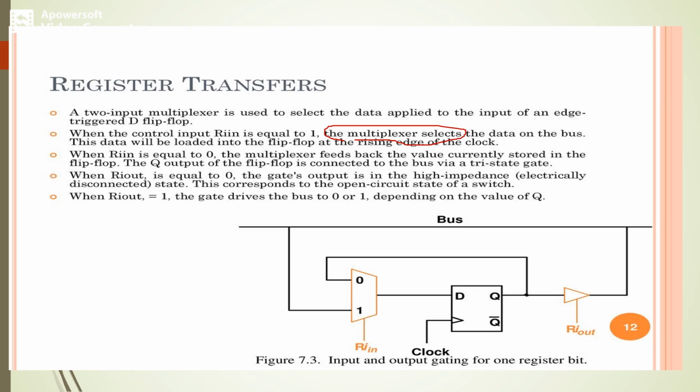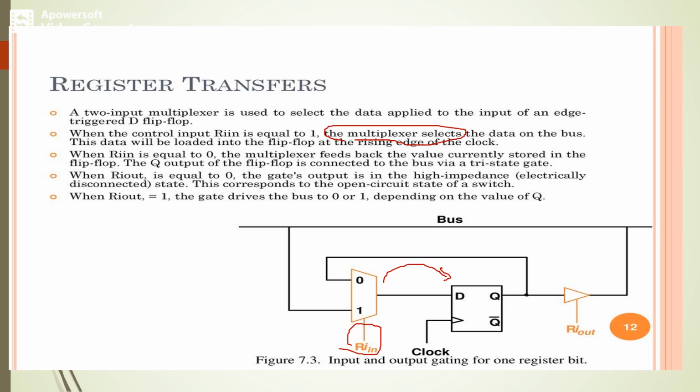This data will be loaded into the flip-flop at the rising edge of the clock. When Ri in is equal to 0, the multiplexer feeds back the value currently stored in the flip-flop.